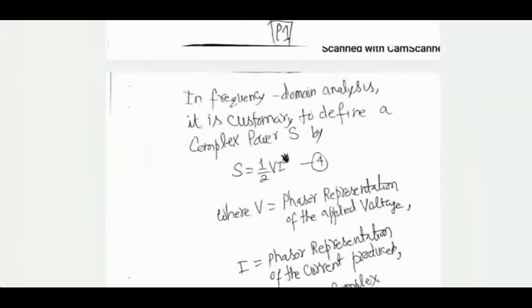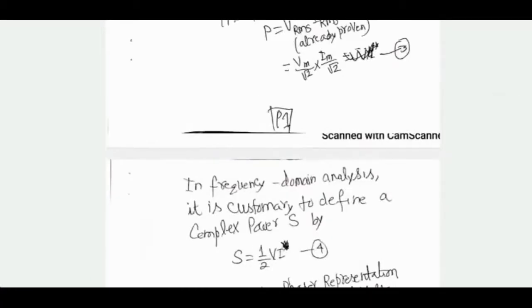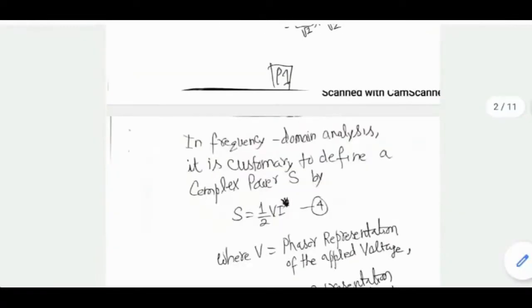Now, one additional concept that comes in here is what we call complex power. Don't get too scared, because these things, once you understand the basics, are very easy to apply for actual problems.